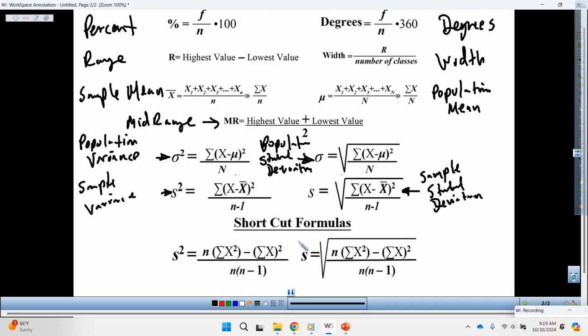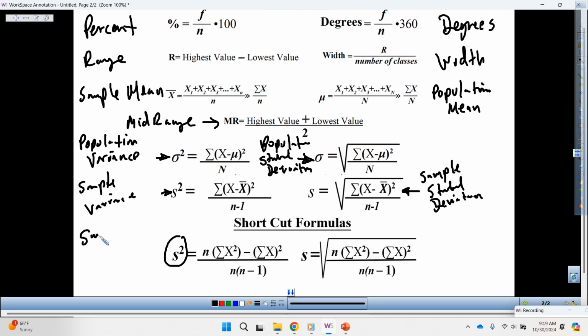Friday. All right? And the last two shortcut formulas, tell your neighbor the name of those. Martin, pass someone. Noah. Look at the symbol.